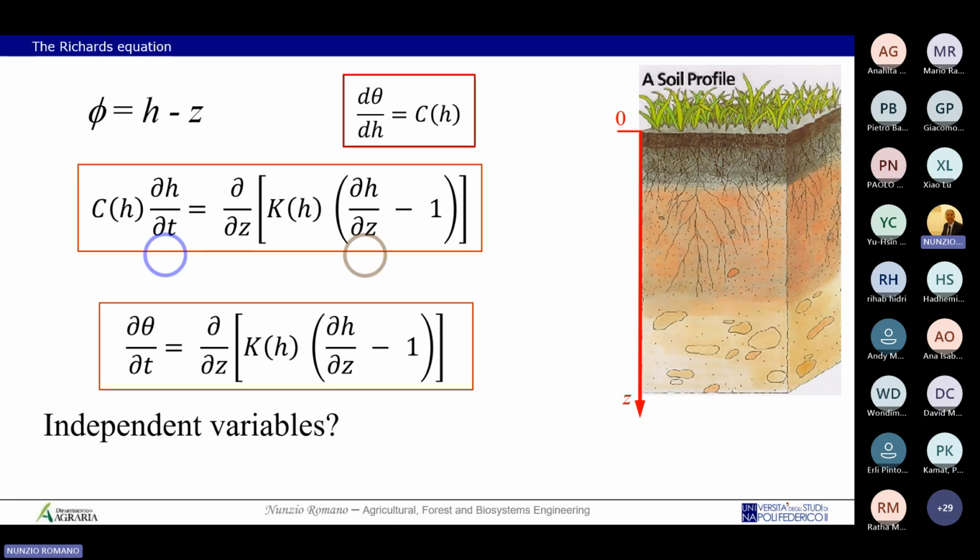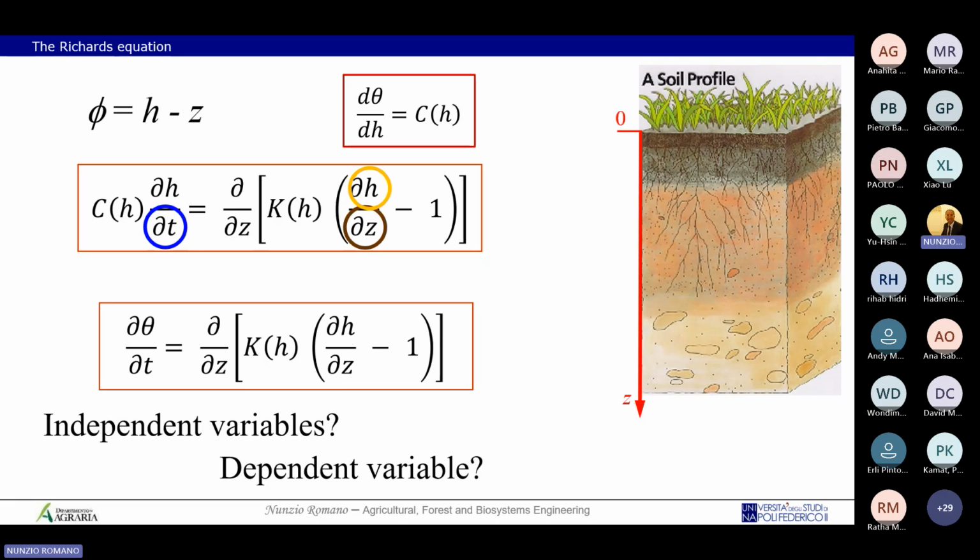The independent variables are the position and the time: at what time the water is at the position Z. And what is the dependent variable? The dependent variable is the matric potential. So this equation gives you the matric potential at a certain location Z at a certain time T.